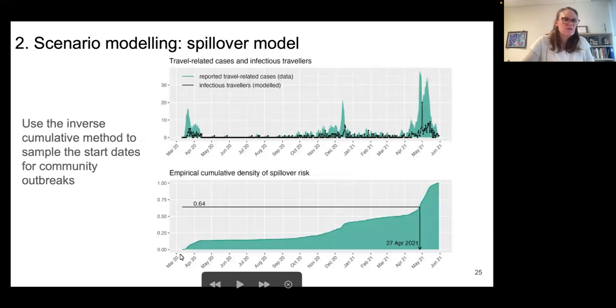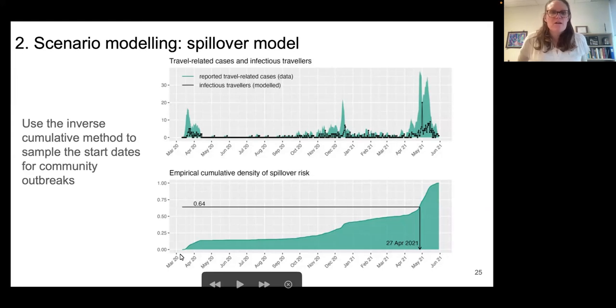To do the scenario modeling, you need a spillover model. So this is one idea for how you might do it. In the black at the top, you've got travel-related cases, and we assume that every travel-related case was infectious for 5 days before they were reported.